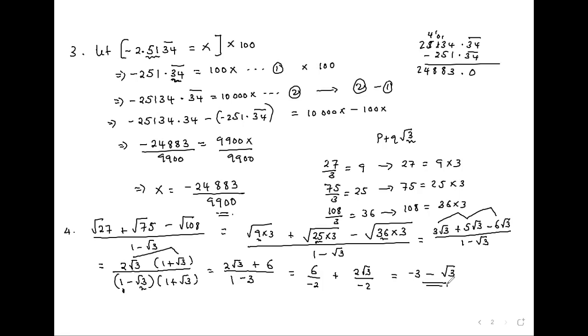Because the idea is you must have this 3 inside here. So if I'm given 75, you can break 75 in so many ways. You can multiply 15 by 5 and you get 75.